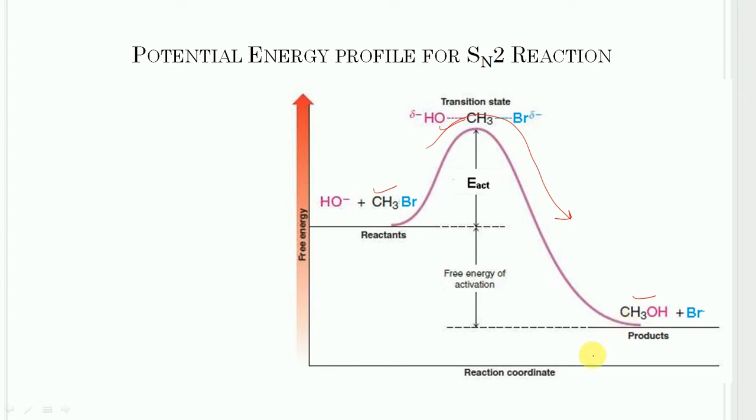In other words, the configuration of the product relative to the reactant is inverted, in the same way as an umbrella turns inside out in a strong wind. So it is the potential energy profile diagram for SN2 reactions.